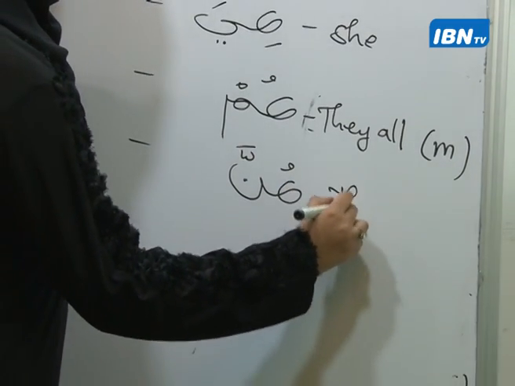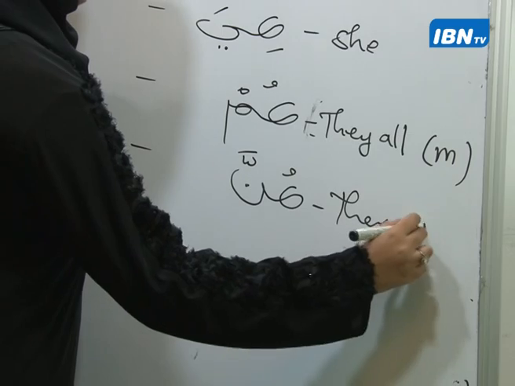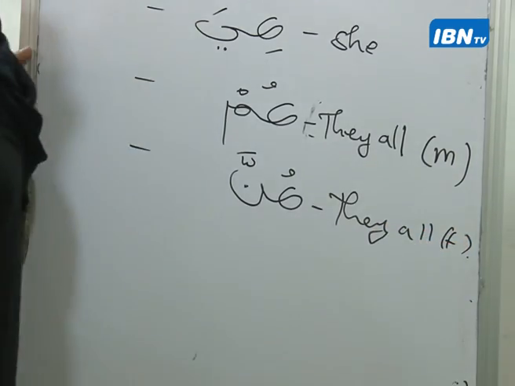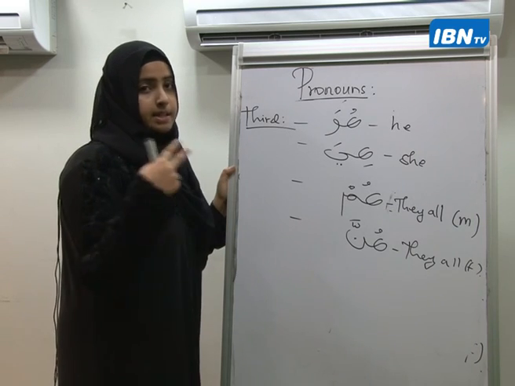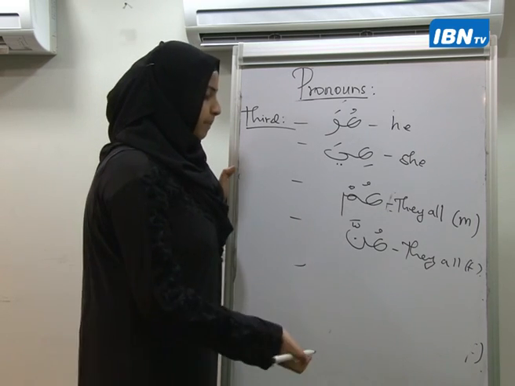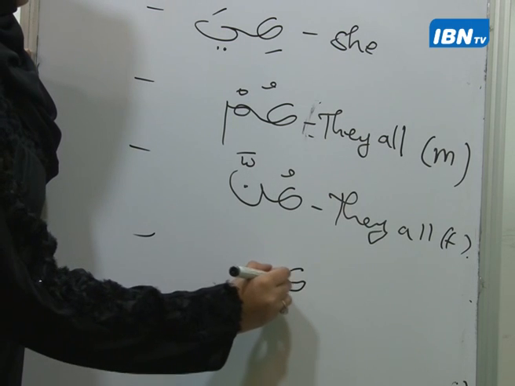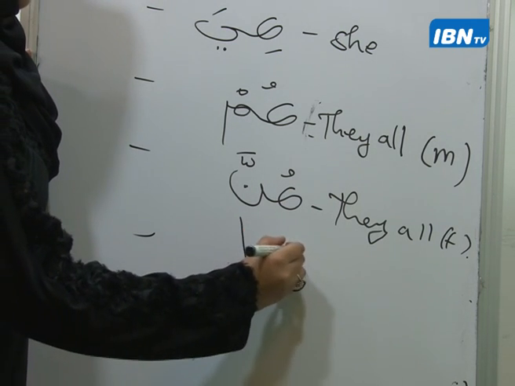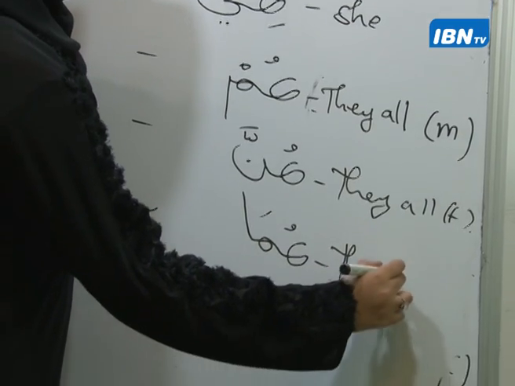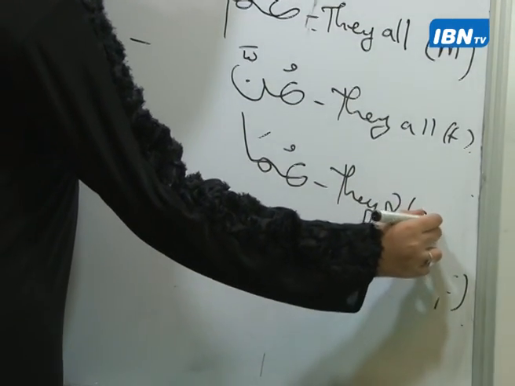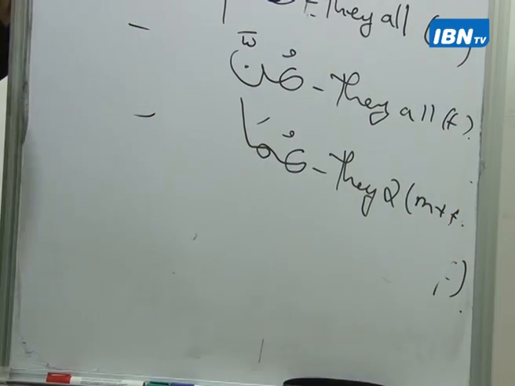It means they all female. And then if I want to say they two, male plus female, I want to address two people, so I'll say huma, meaning they two, both male plus female.